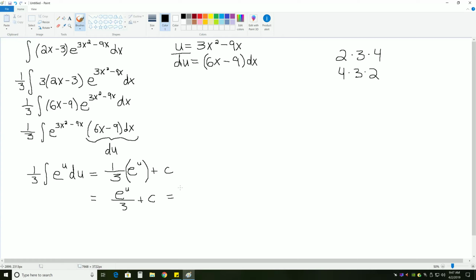We need our original variable. So we get e to the 3x squared minus 9x all over 3 plus c. And that is the antiderivative of 2x minus 3 times e to the 3x squared minus 9x dx.